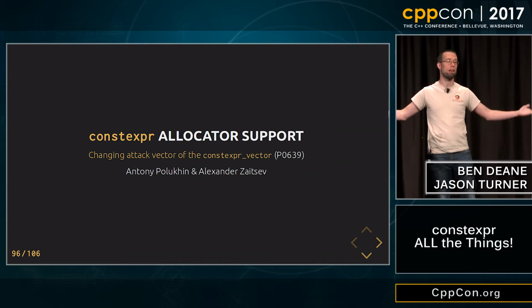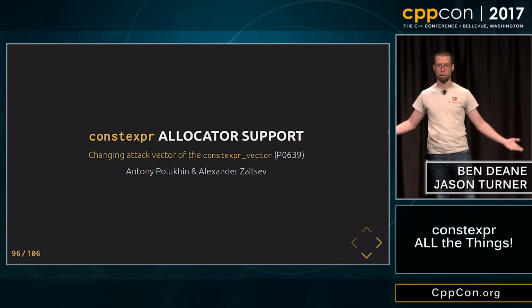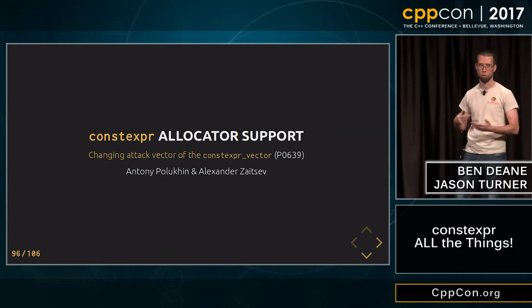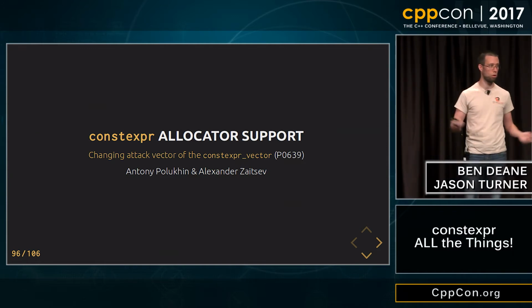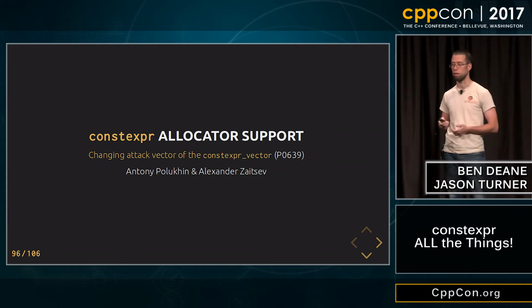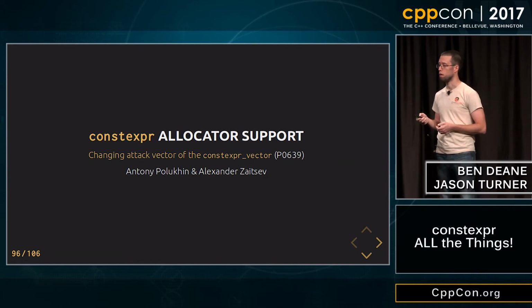They made a version of vector that had a constexpr allocator plugged into it, or you could do a regular runtime allocator with it. And it works. I've seen the code. It's neat what they did, and we should probably be moving in this direction. Yes, and actually Alexander pointed that out to us after we gave the talk. Yeah, at C++ Now.